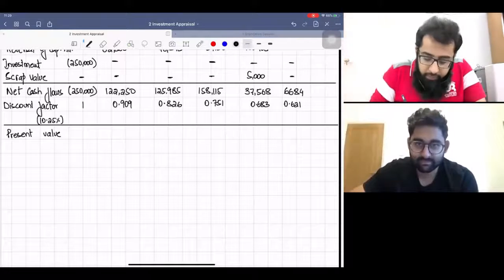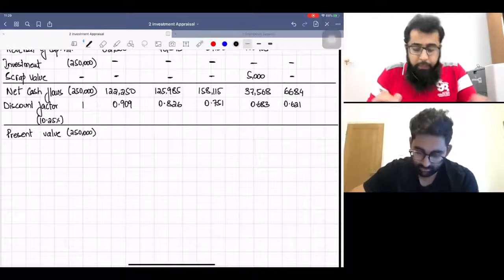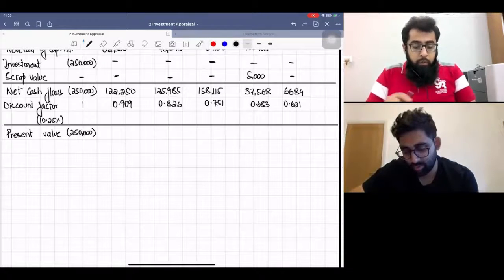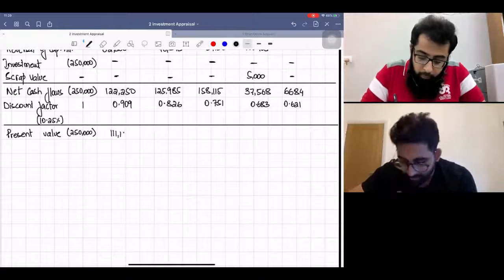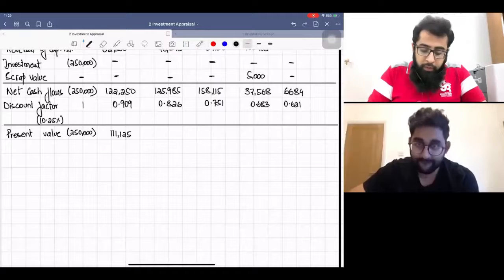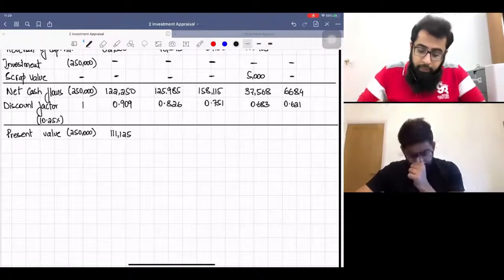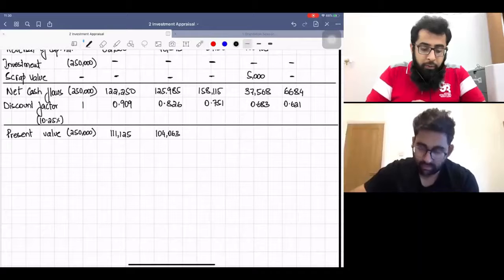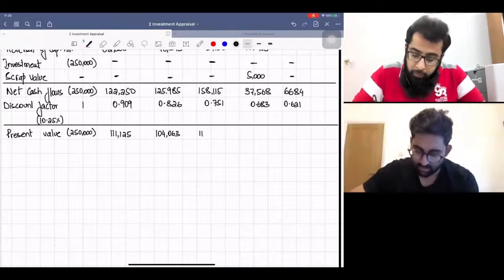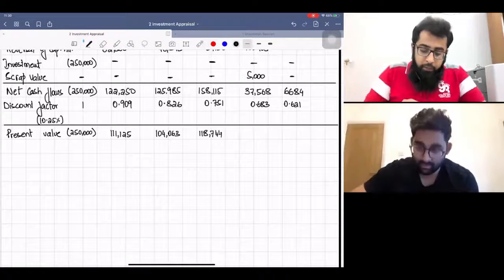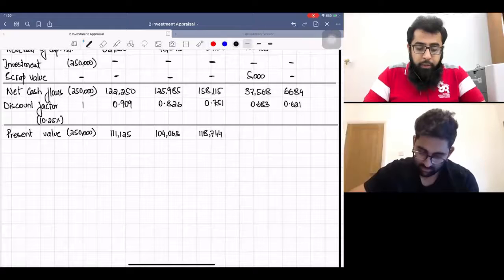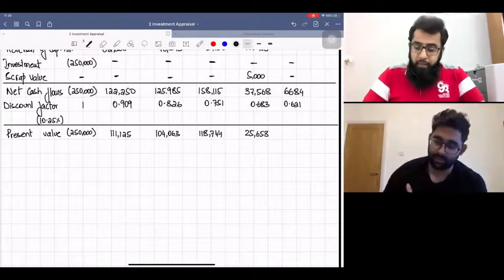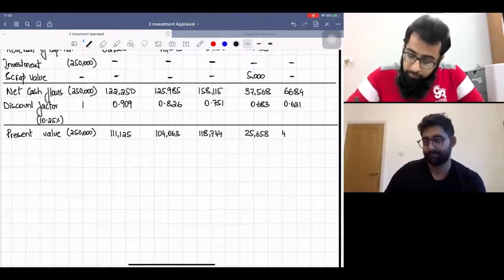So here come the present values. 250,000. 111,125. 125,985 into 0.826 will be 104,063. 158,115 into 0.751 will be 118,744. 37,568 into 0.683 is 25,658. The last one is 4,150.